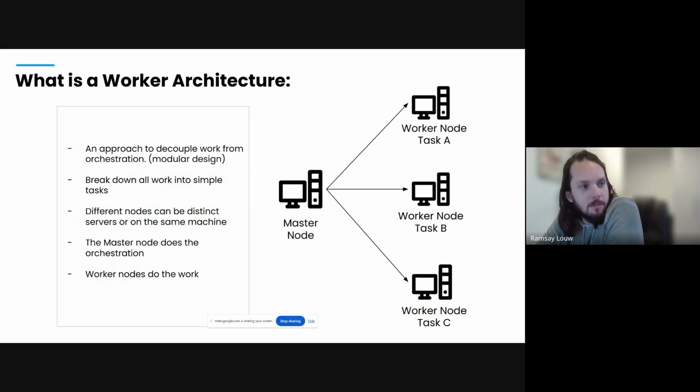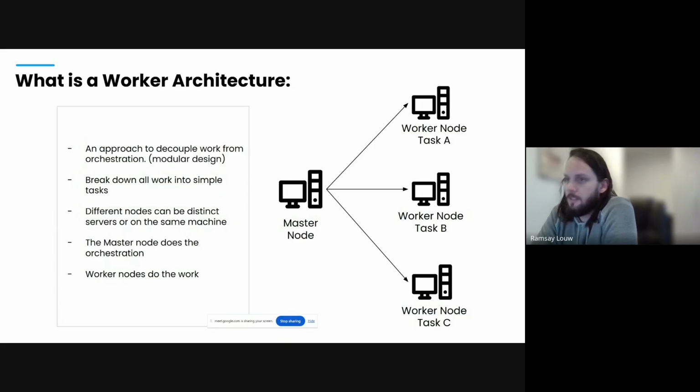You want to have a single work entity that has a very well-defined input and a very well-defined output. A very simplistic example would be just a plus operator. You give it two numbers, the first and the second number, and it gives you the sum of the two numbers. That could be a worker if you have some kind of calculator system that you're building.